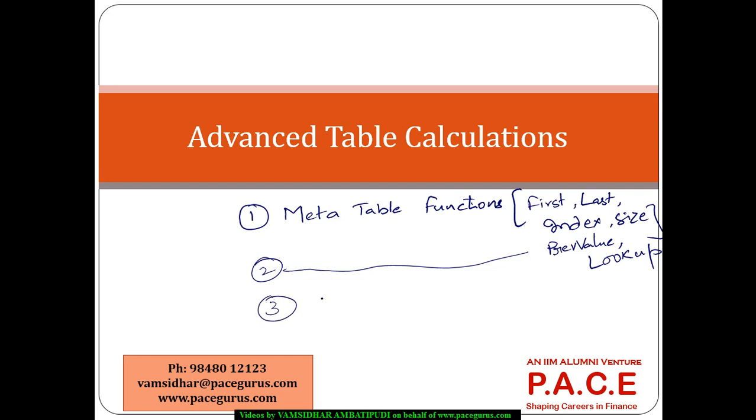The third set of functions which we talk about are running functions. We'll talk about each one of them. The running functions come out as running average, running count, running sum, running minimum, running maximum, something like this. So we can create those kinds of functions.